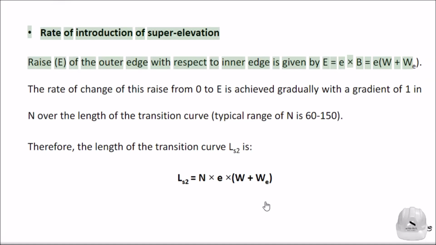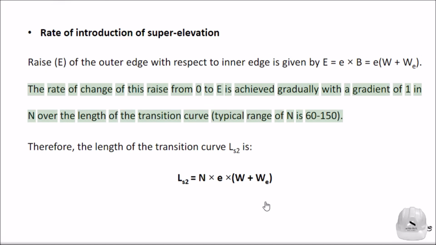Rate of introduction of superelevation raise, E, of the outer edge with respect to inner edge is given by E equals e times B equals e(W + W_e). The rate of change of this raise from 0 to E is achieved gradually with a gradient of 1 in N over the length of the transition curve, typical range of N is 60 to 150.